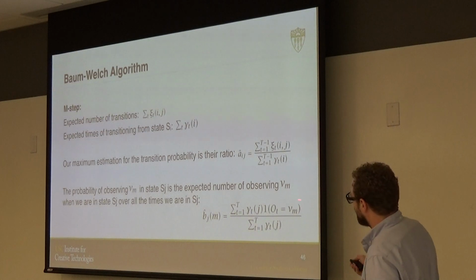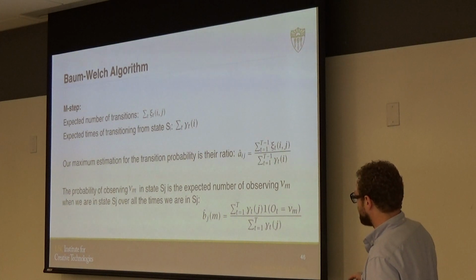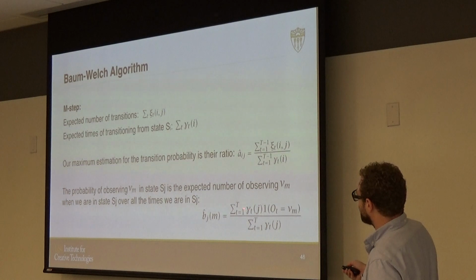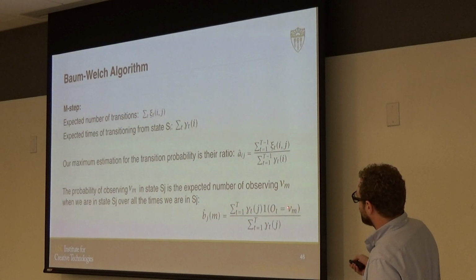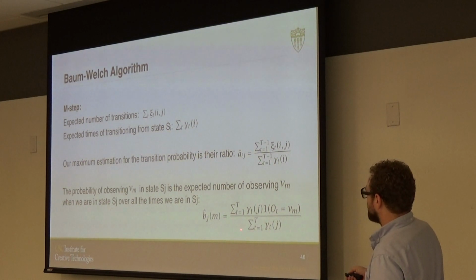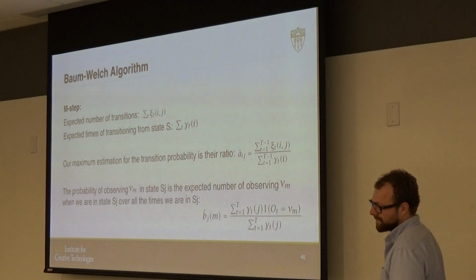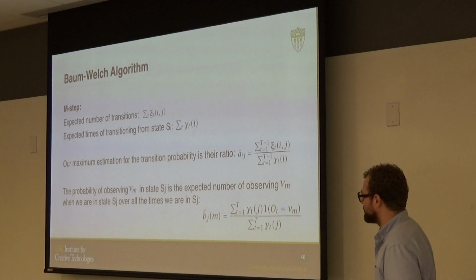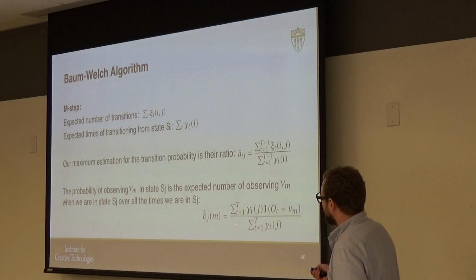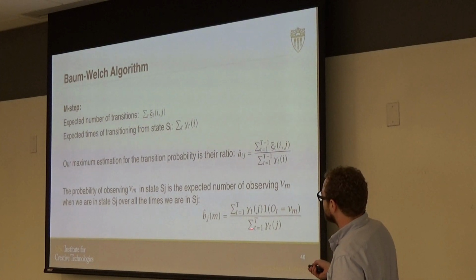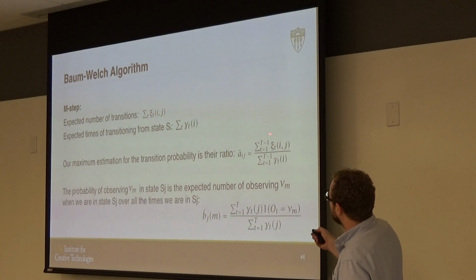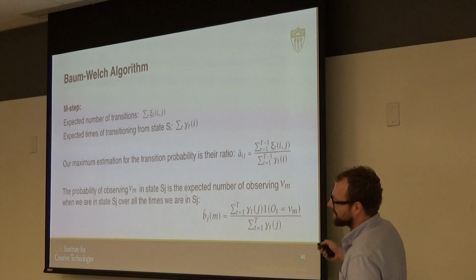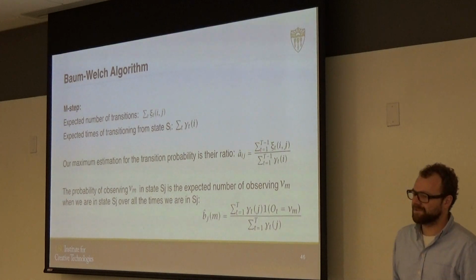For the emission, or observation, probabilities, it is the number of times that we end up in j observing a certain item in our vocabulary, normalized by the number of times that we end up in this state. This is the support for a certain observation given how many times we're here, and the support for a certain transition given the times that we end up in this state.